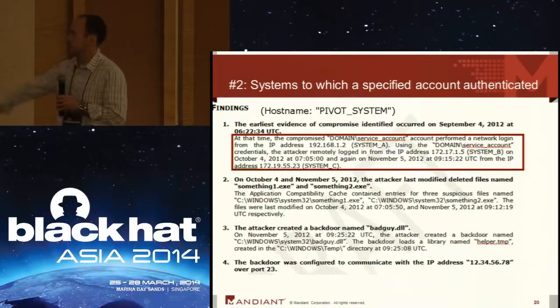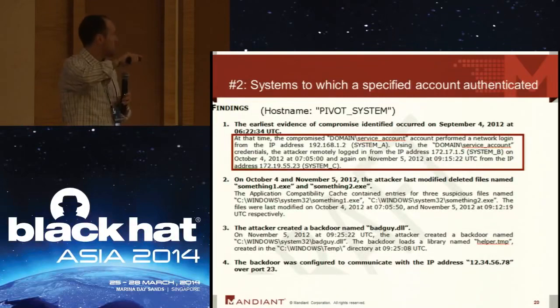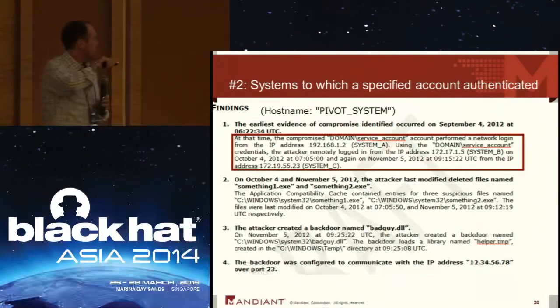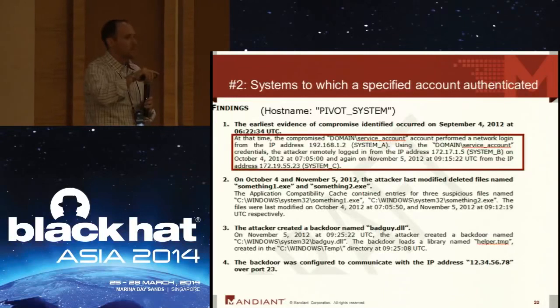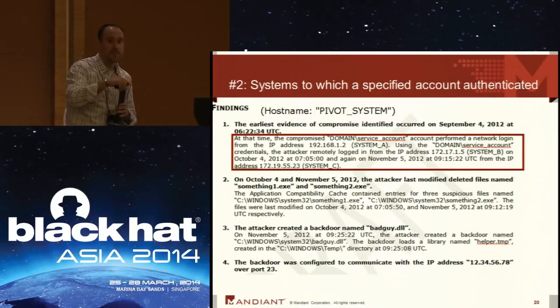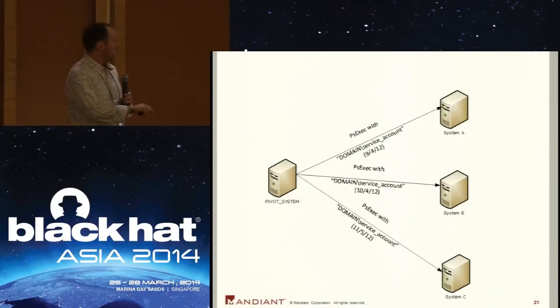And the part I wanted to highlight is, first thing that happened was, this domain/service account logged on from system A, and then logged in to other systems. So the bottom line is, the attacker's demonstrated that he's been using this account in this time period. So from the pivot system, the attacker's logged into some other systems through the system analysis that you've done.